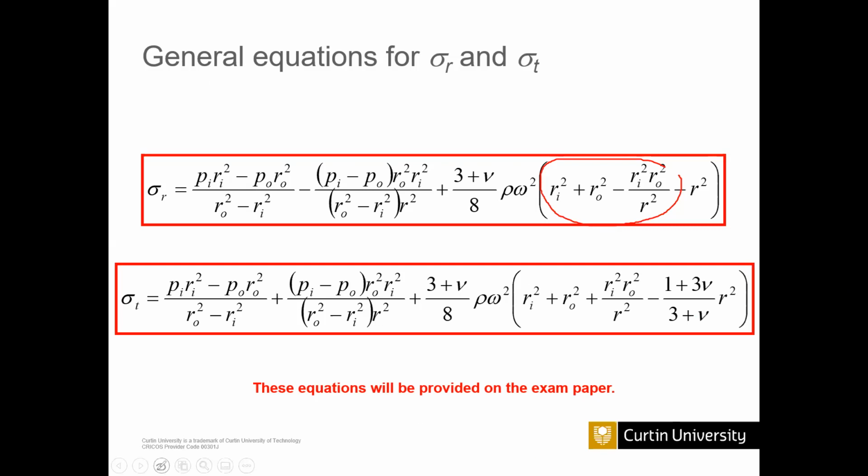If they provide the specific equation, it's better, but if they don't, you need to derive it using those two equations. If it is a non-rotating cylinder, these two terms will drop. If P naught is 0, likewise you can find the exact equation for the special cases.